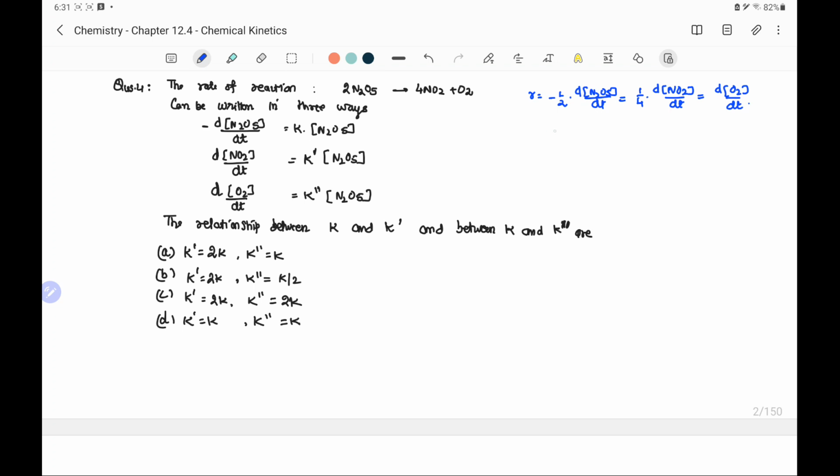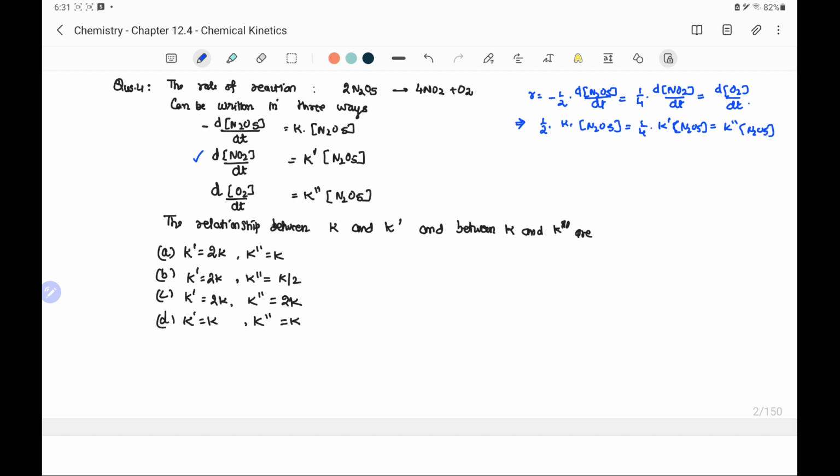So we are given that minus d of N2O5 by dt equal to K N2O5. So this expression can be written as 1 by 2 into K into concentration of N2O5. Similarly 1 by 4, and in second expression rate of change of concentration of NO2 is K dash N2O5, and for oxygen it is K double dash N2O5.